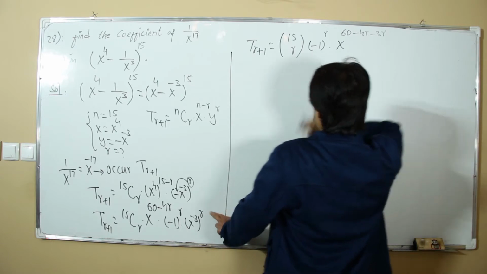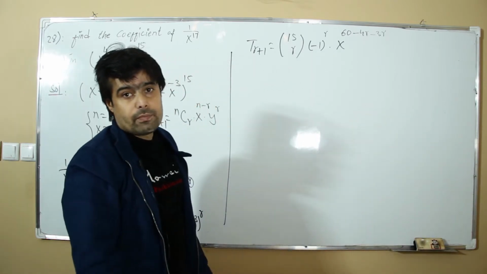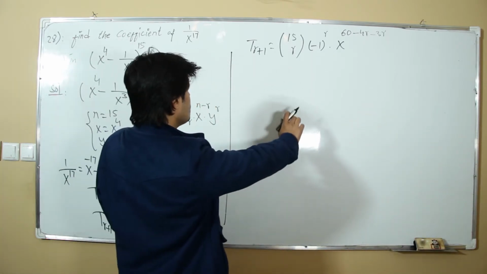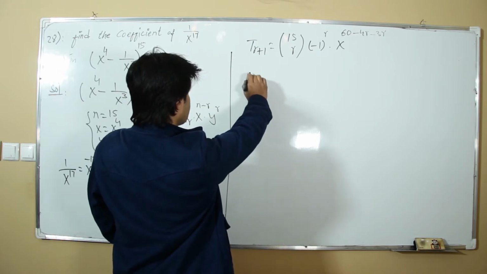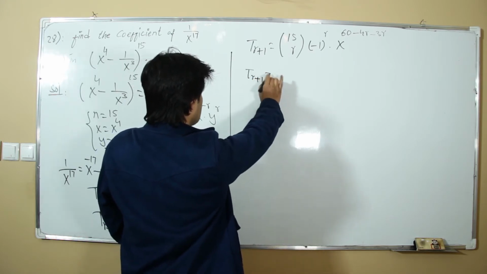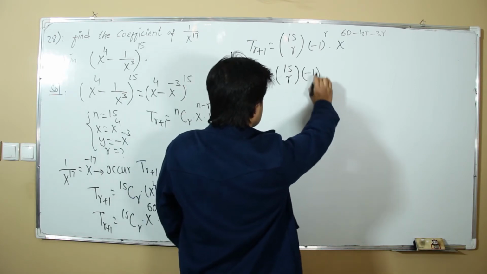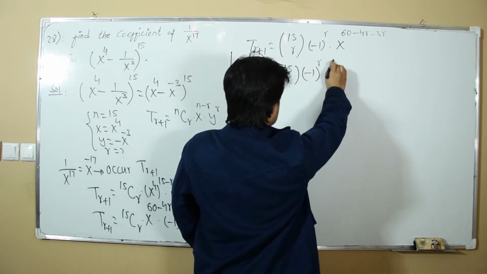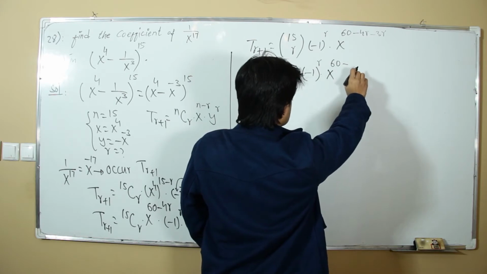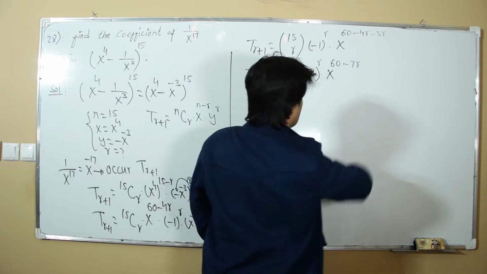The powers are added. So you will have t r plus 1 is 15 c r minus 1 raised to the power r x to the power 60 minus 4r with 3r, it is minus 7r.